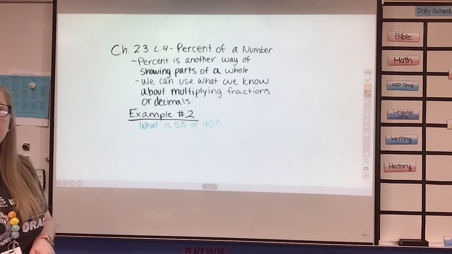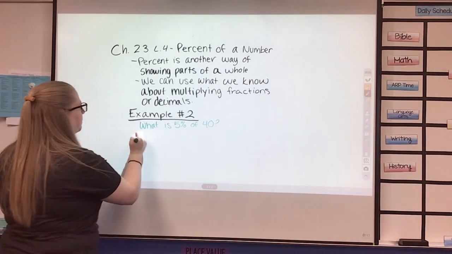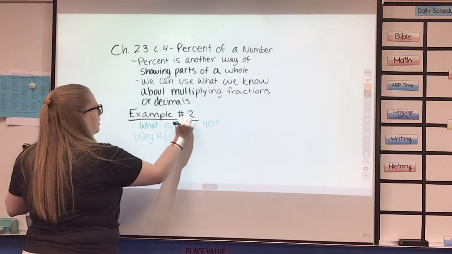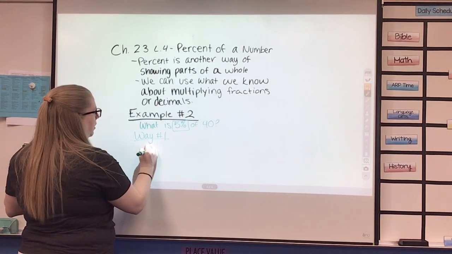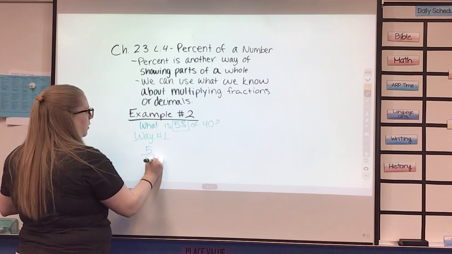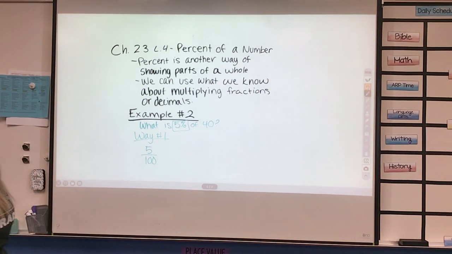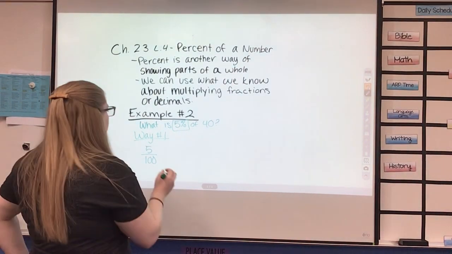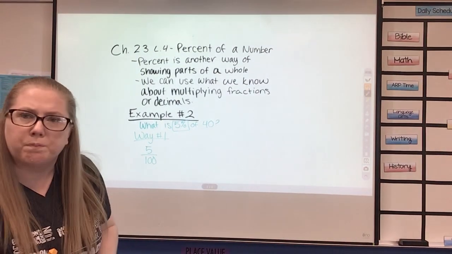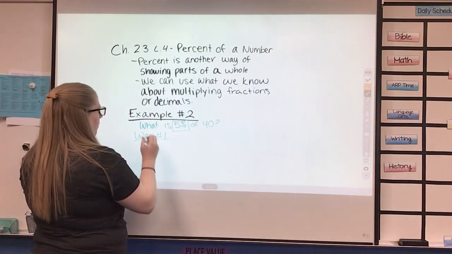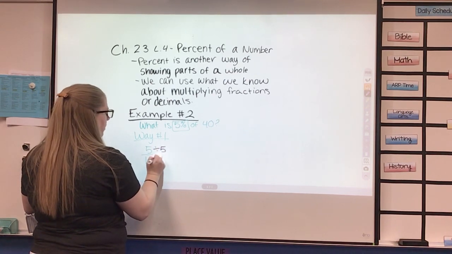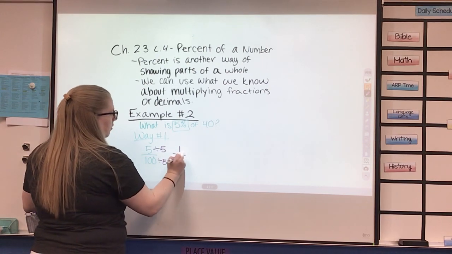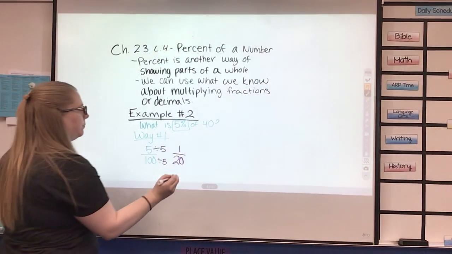Okay. I'm going to use fractions for my first way. Remember what I said. This is always over 100. Okay? It's not over 10, it's over 100. Same thing as the last one, I need to simplify. I'm going to do 5, which is 1/20. And now I can multiply that times 40.